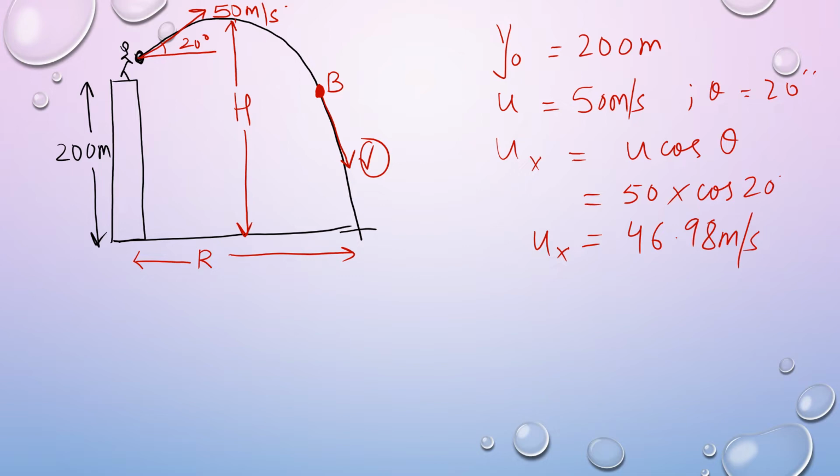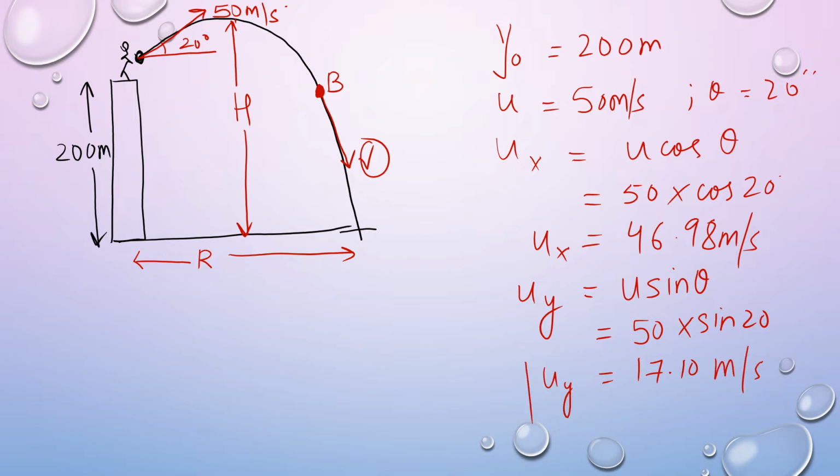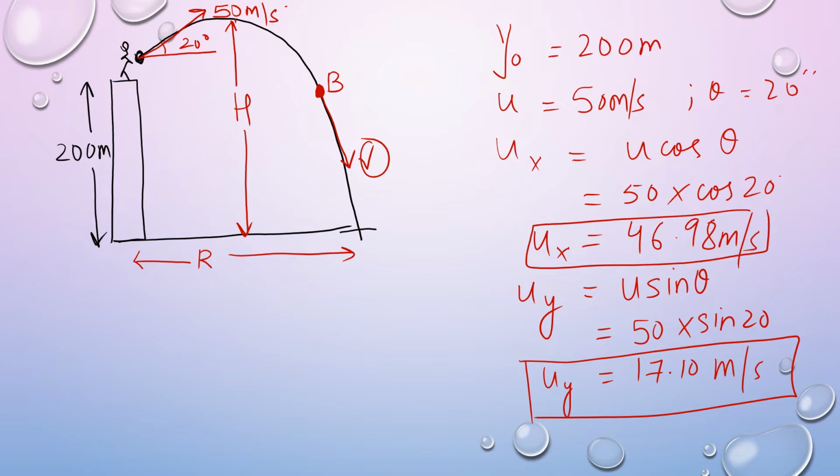The next step is to find the vertical component of initial velocity, which is u sine theta, so u is again 50 times sine of 20. On solving this, you'll get 17.10 meters per second as your initial vertical velocity. Next, what is the horizontal component of acceleration throughout the motion? It is 0.